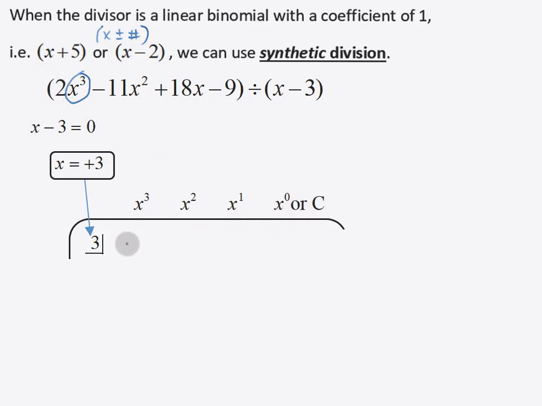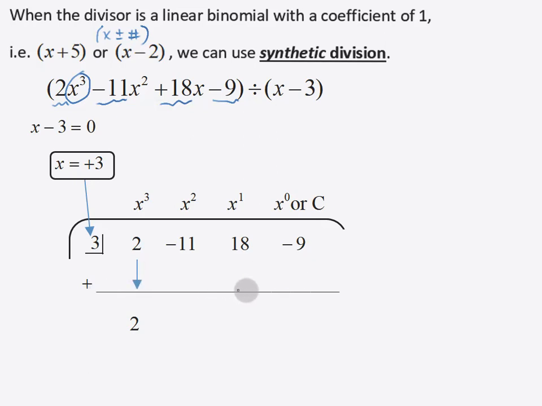Okay, and what we're going to write next to our number, but below our labels, are the coefficients. So the numbers in front of x cubed and x squared and x and our constant. So the 2, negative 11, 18, negative 9. Okay, so there's all of our numbers from our coefficients. Next thing we're going to do is skip one line of space. We're going to write some numbers here.